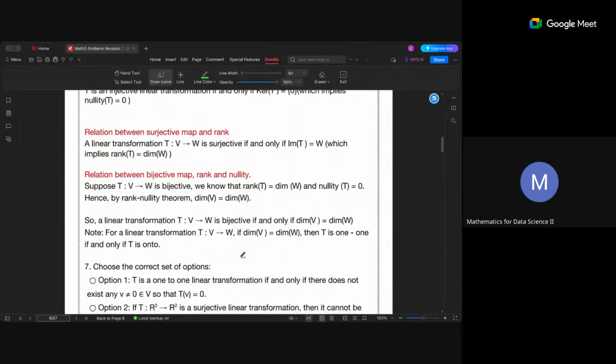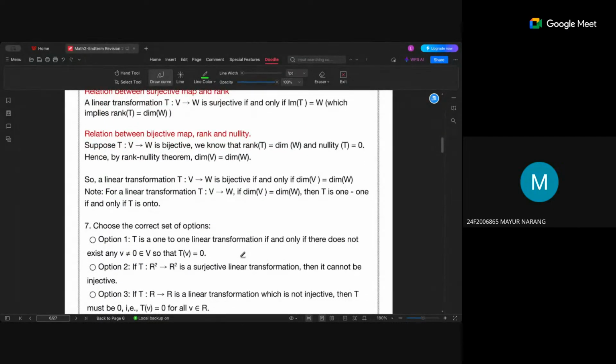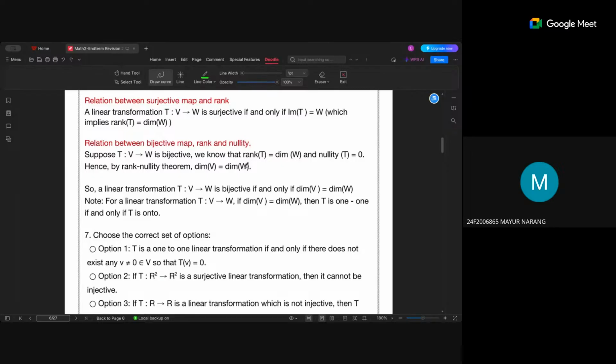A little bit about the third relation, about the bijective map, rank, and nullity. See, what is the rank nullity theorem telling you?